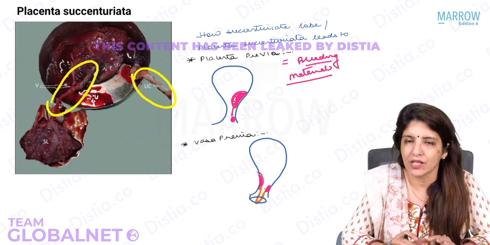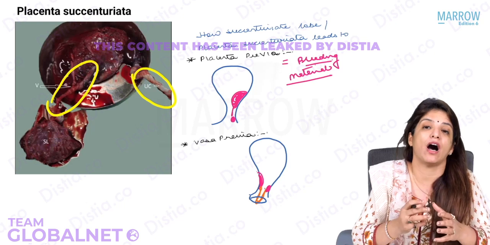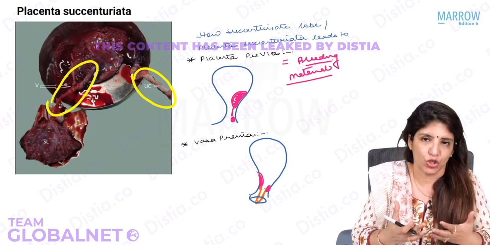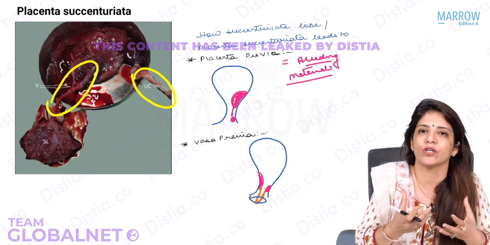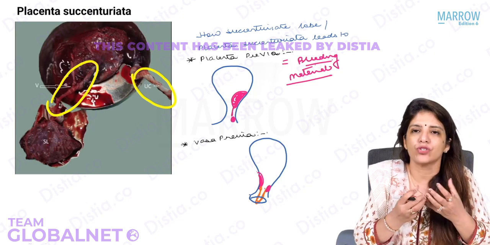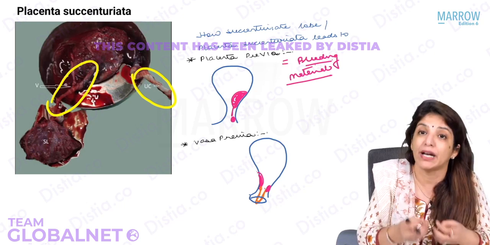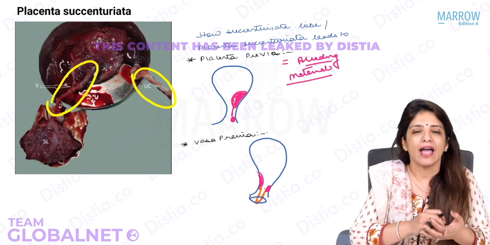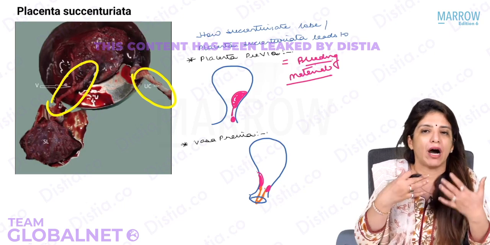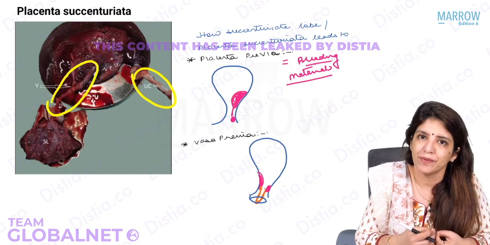Now, in this case, what is going to happen is that when this patient's membranes rupture, or when the internal os is going to dilate, there will be trauma to these blood vessels which are present immediately over the internal os. And these blood vessels, which are a part of the umbilical cord, are going to rupture.